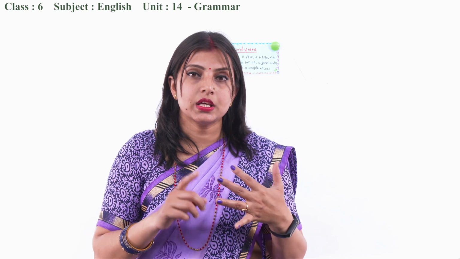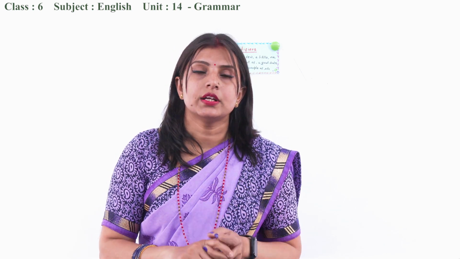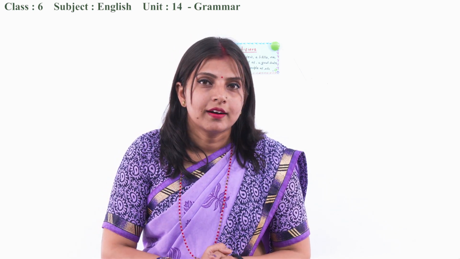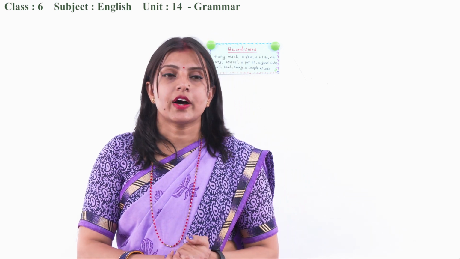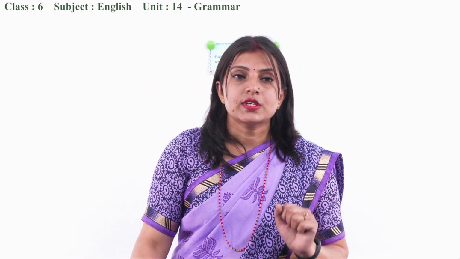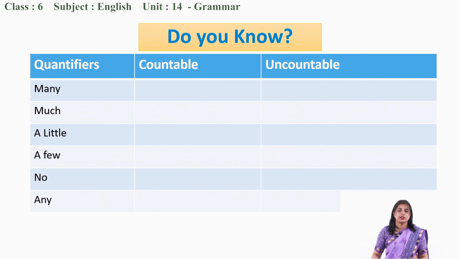Okay, so these many, much, a few, a little, these words are quantifiers. Now you have already known what quantifiers are. What you need to know is where to use and how to use them, with which type of noun they should be used.